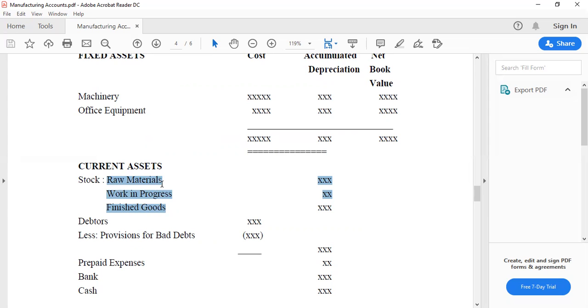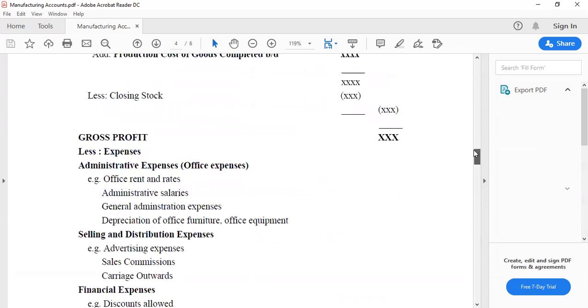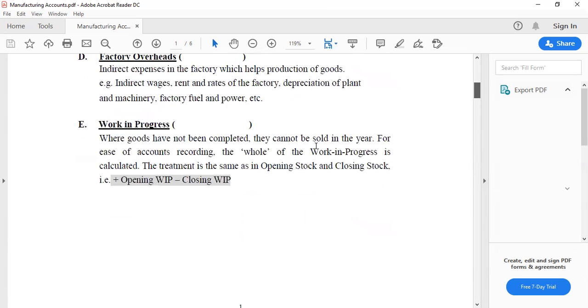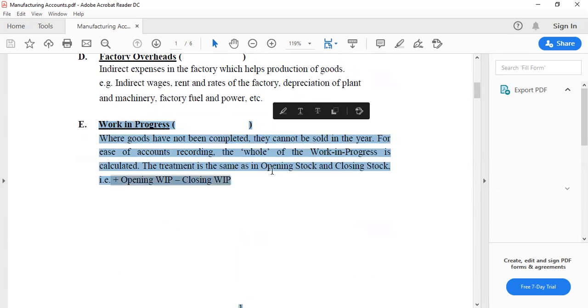Raw materials, that is the potatoes that have not been worked on. Work in progress is the potatoes that have been peeled but not yet put in oil, and then finished goods are the chips themselves. You get the difference? So in the manufacturing cost, we look at the work in progress, those potatoes in between.